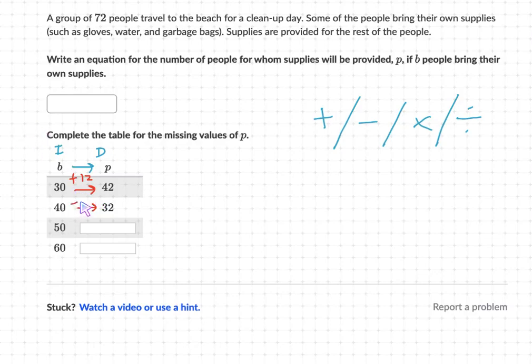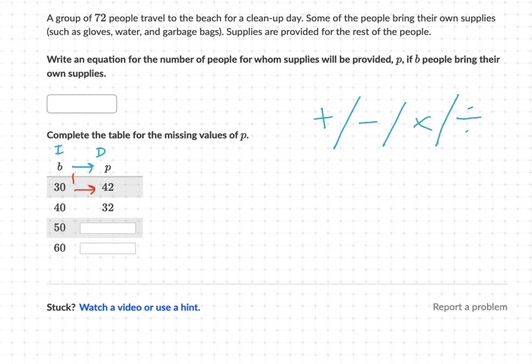No, it looks like we subtract 8. So that doesn't really work. It doesn't really have an addition or subtraction rule. It definitely doesn't have a multiplication or division rule.